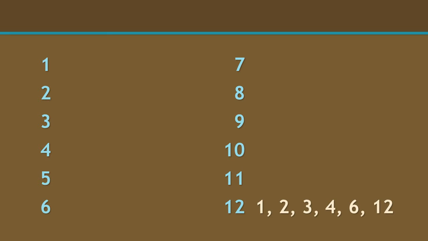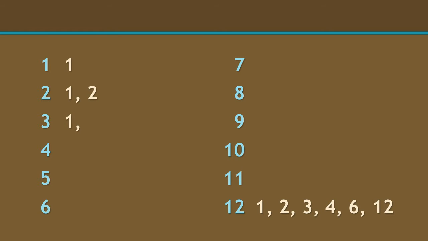Now these are all factors of the number 12, and we can take different pairs of these factors, multiply them together and get a product of 12. We can multiply 3 times 4 and get 12. We can multiply 2 times 6 and get 12. And we can multiply 1 times 12 and get 12.